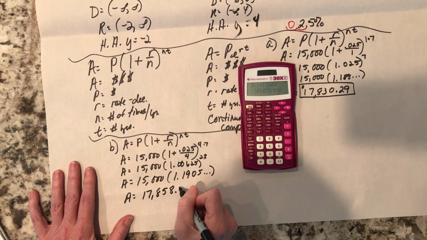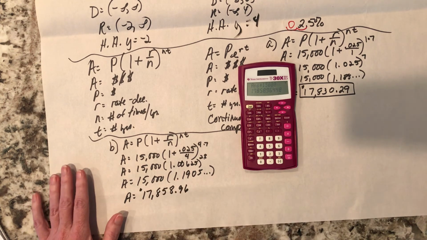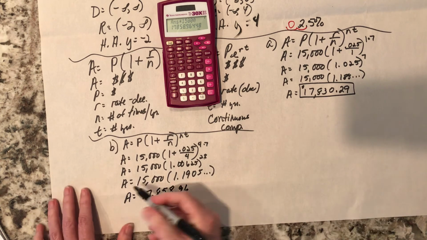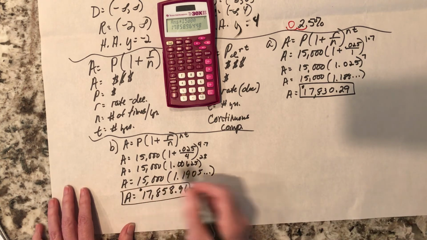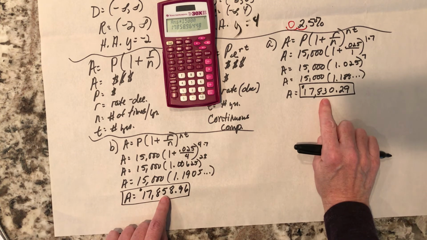Make it look like money, so we get 96 out of that. $17,858.96. When we compounded annually, only once a year, we got $17,830. So woohoo, we made $28, almost $29 by getting an account that compounded quarterly.